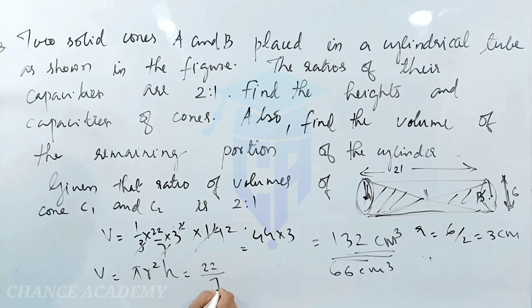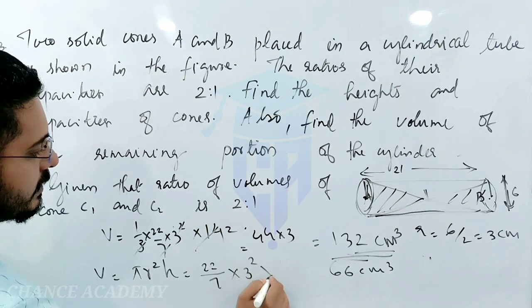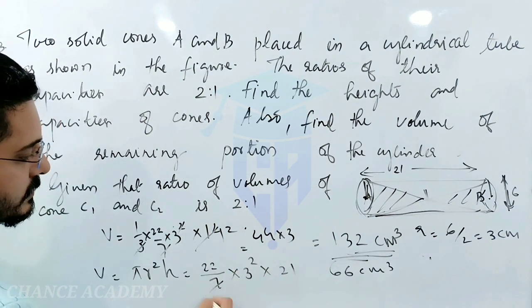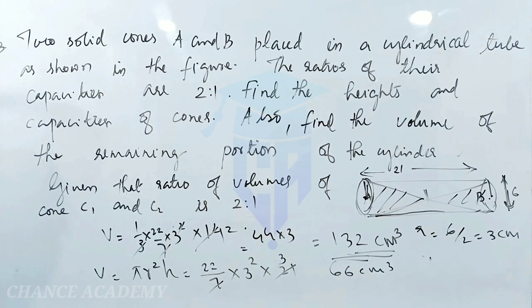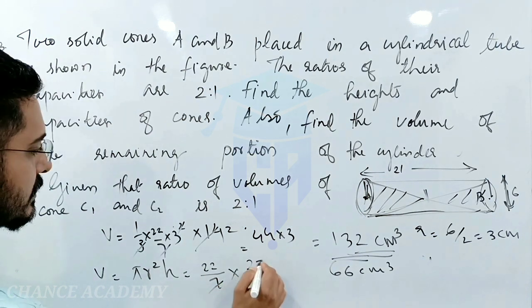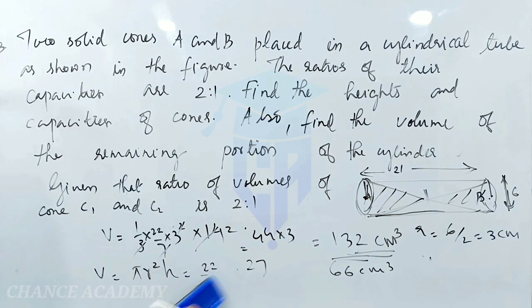So 22 by 7 into 3 square into the total height 21. The 7 and 21 get cancelled and we get 3, so 22 into 3 cube, which is 27. So 22 into 27 gives the volume of the cylinder as 594.